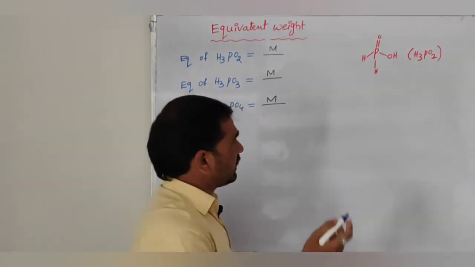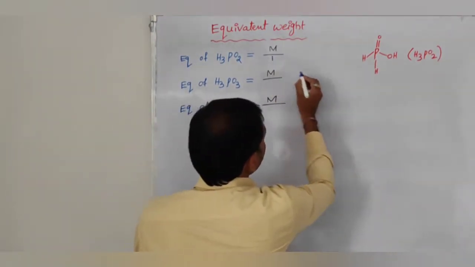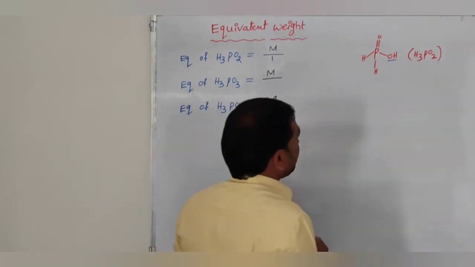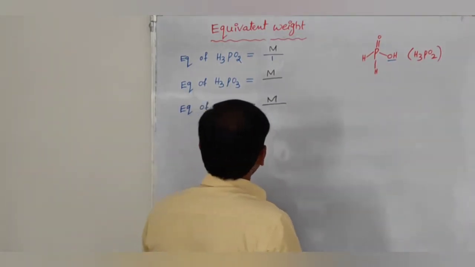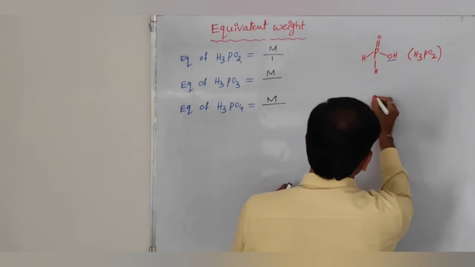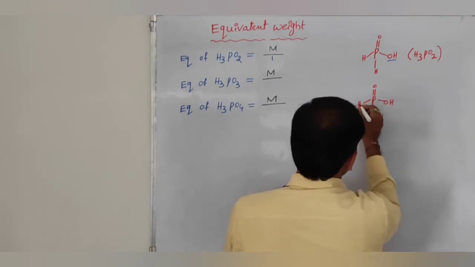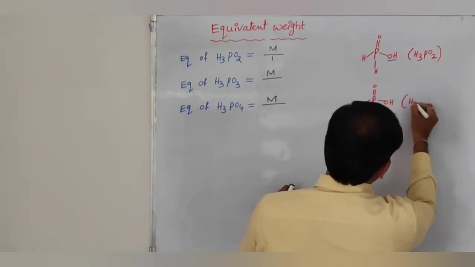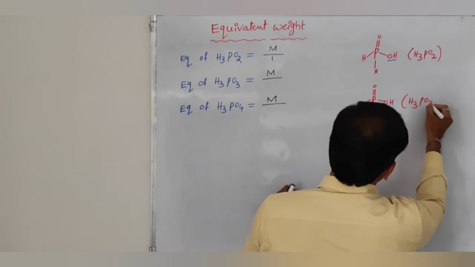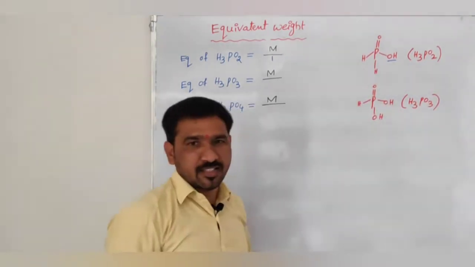So the n factor is 1. Isn't it? Then coming to the next molecule, H3PO3. Here phosphorus, double bond O, OH, OH and here H. This is H3PO3, phosphonic acid.